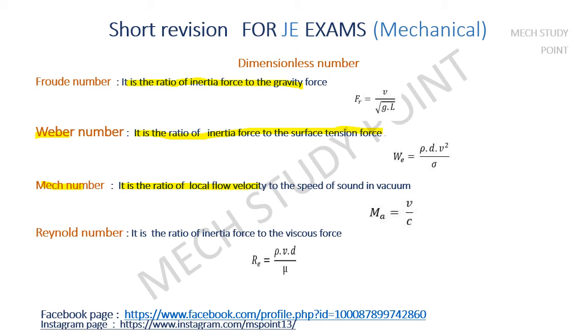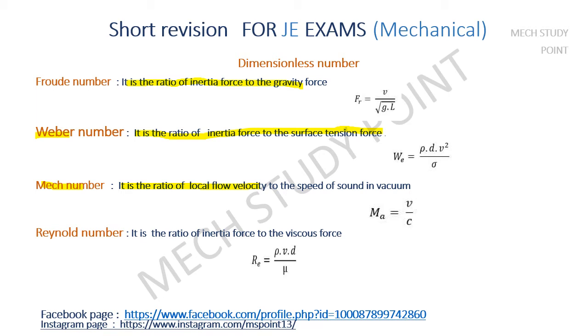When the Mach number has a value of 1 to 6, that type of flow is sonic flow. And when it is greater than 6, that type of flow is known as hypersonic flow. This type of numerical and theoretical question is asked in competitive exams.